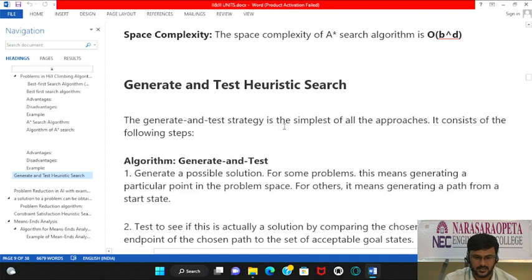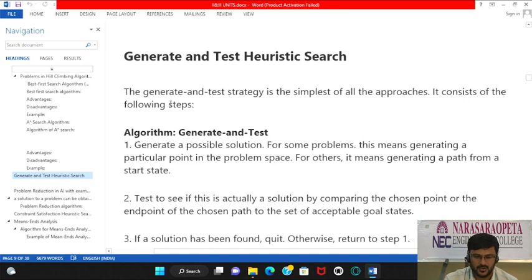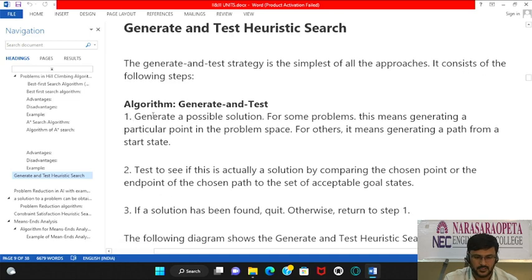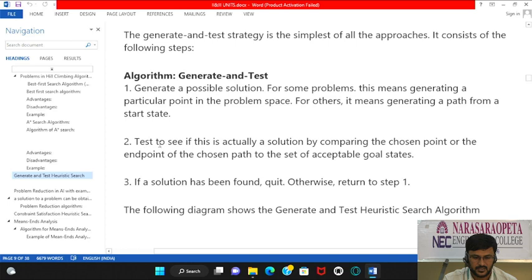The generate and test search strategy is the simplest of all approaches. It consists of steps. First, generate a possible solution. For some problems, this means generating a particular point in the problem space. For others, it means generating a path from the start state. The next step is to test to see if this is the actual solution by comparing the chosen point, or the endpoint of the chosen path, to the set of acceptable goal states.